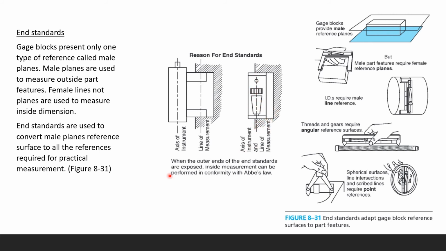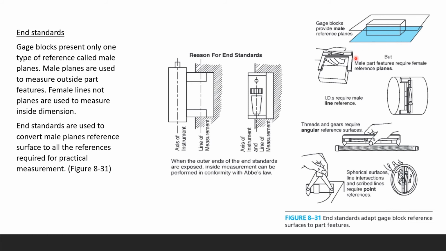So when the outer ends of the end standards are exposed, the measurement can be performed in conformity with Abbe's law. So don't forget your Abbe's law. End standard gauge blocks present only one type of reference, and we call that the male reference plane, or male plane. Okay? So male planes are used to measure outside part features.